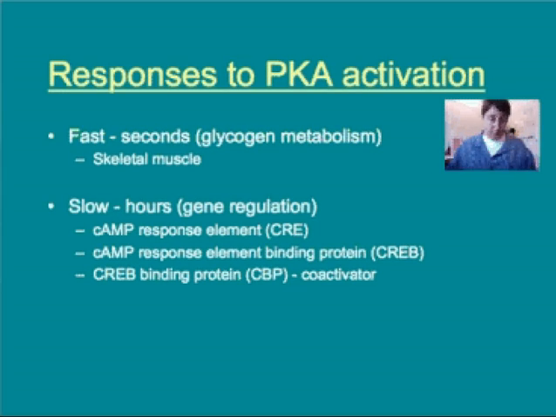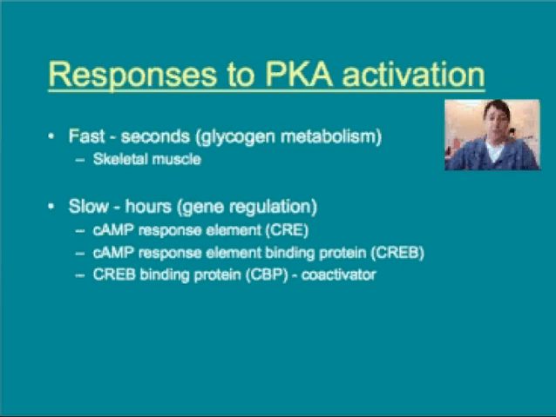So glycogen is nothing more than alpha-1,4 linkages between a bunch of glucose molecules. And glycogen can be quickly broken down when protein kinase A gets activated. That has to happen really quickly for you to be able to use the glucose molecules immediately to generate energy for skeletal muscle contractions.